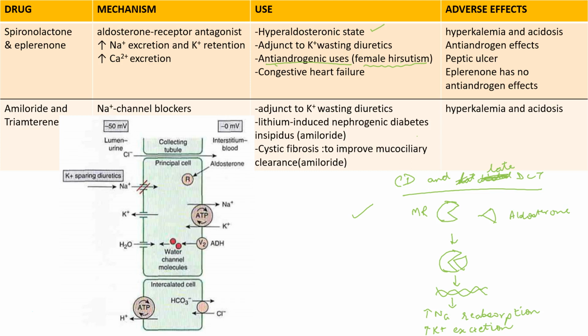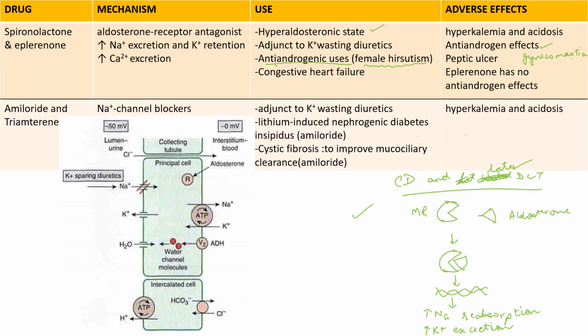But the adverse effect is, if you take excess of it, it can cause hyperkalemia. Spironolactone has anti-androgen effects, and hence in males it can cause gynecomastia. It can also cause peptic ulcer, but eplerenone does not have anti-androgen effects.